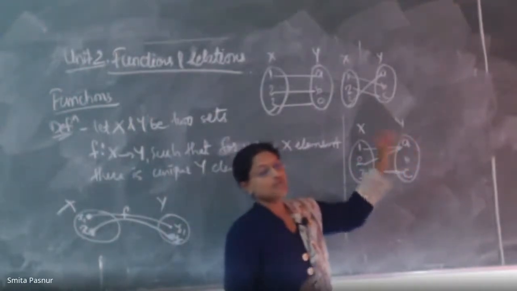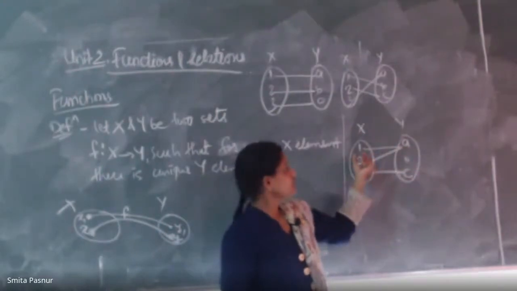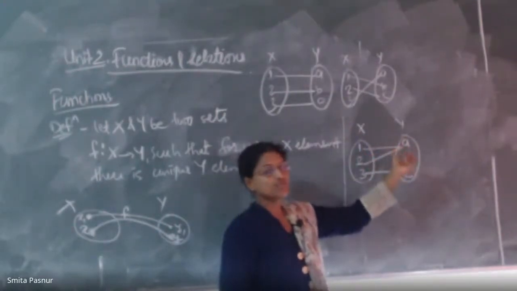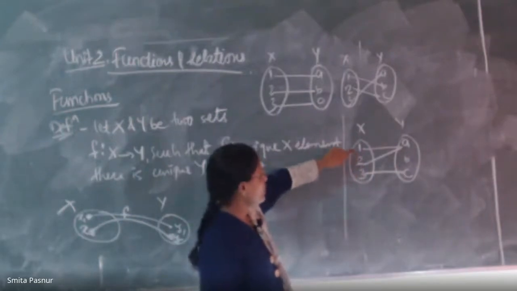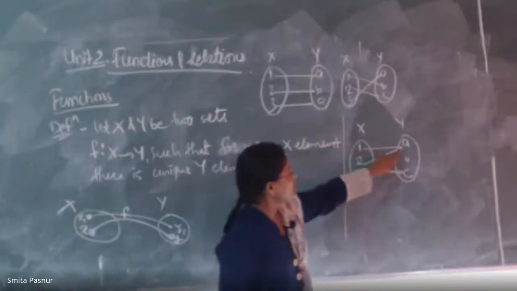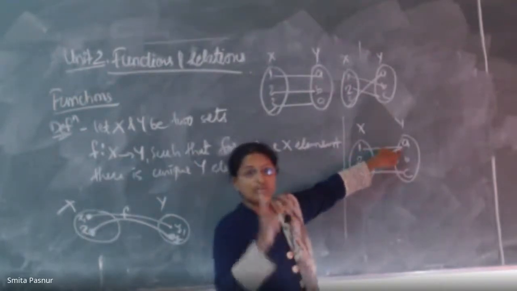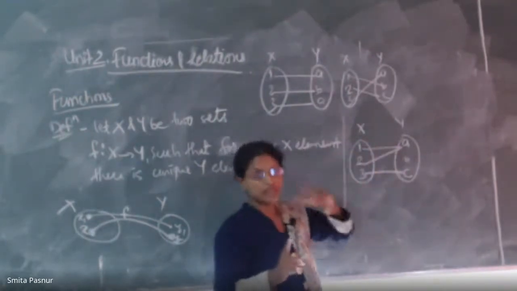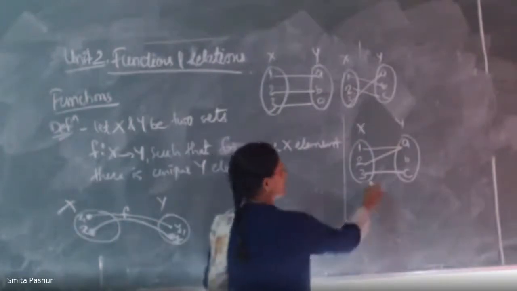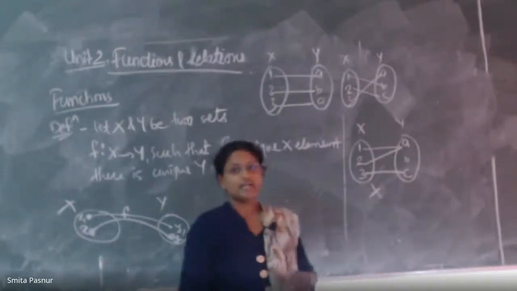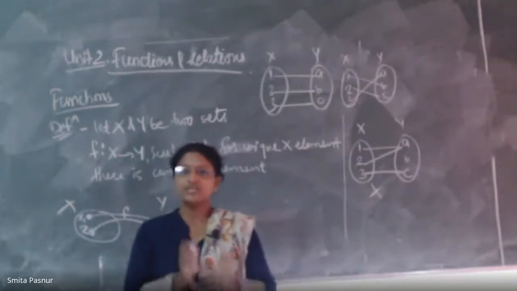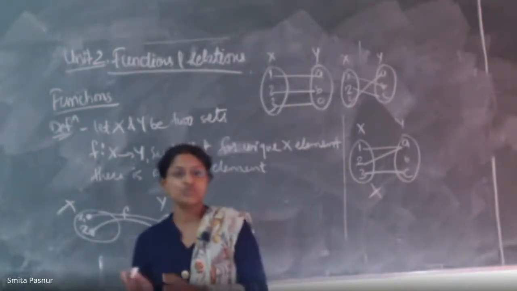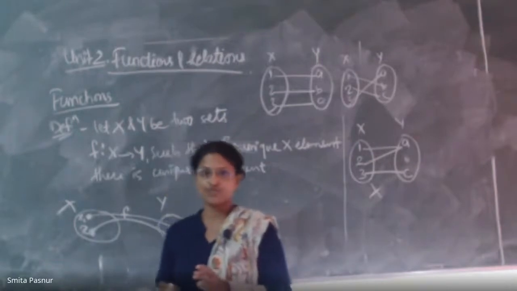According to the definition, a unique x element should be connected to a unique y element. But here both 1 and 2, which belong to x, are mapped to A only. Only the same element of y, both are mapped. So that is why this is not a function. So I think it is now clear what a function is. A unique x element should be mapped with a unique y element. Is that clear to all of you?